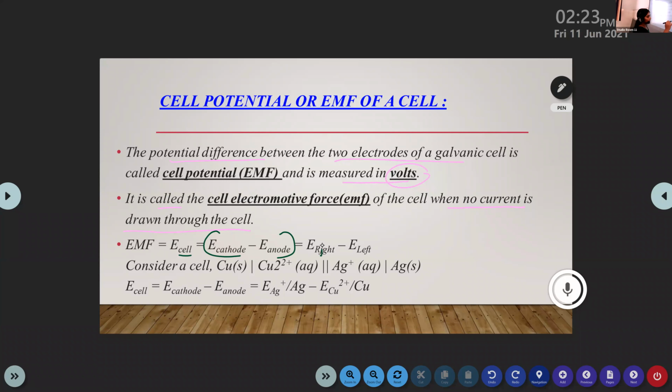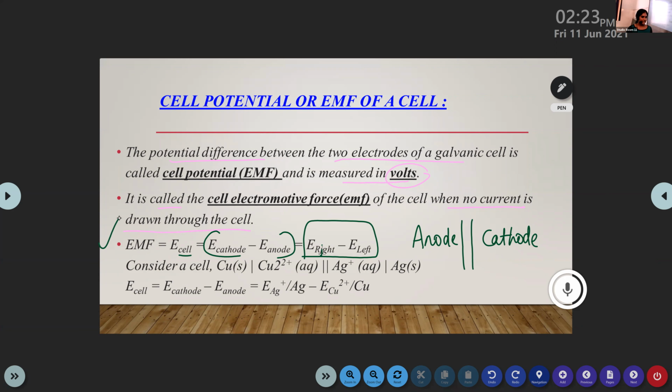That means when we represent a galvanic cell or an electrochemical cell, we always write the anode on the left side and the cathode on the right side. That's why the equation becomes E right minus E left, that is E cathode minus E anode: electrode potential of cathode minus electrode potential of anode. This equation is very important.